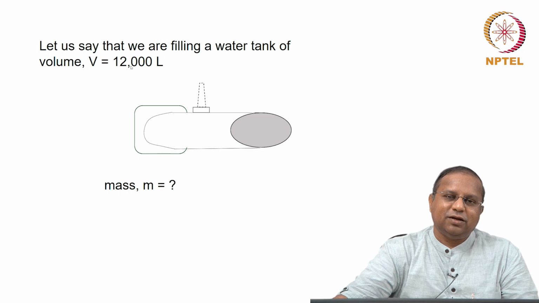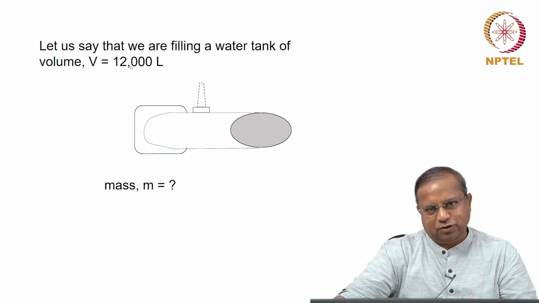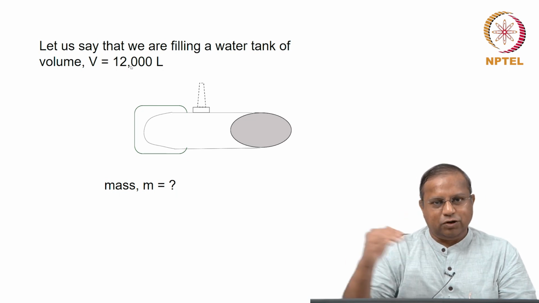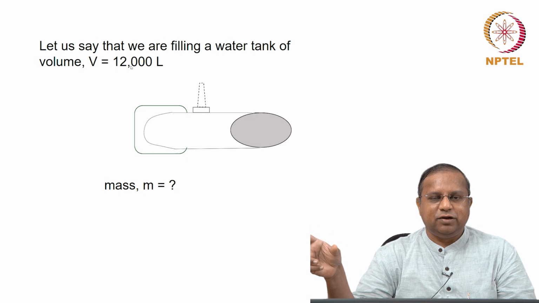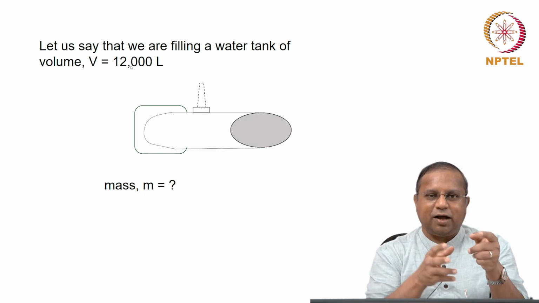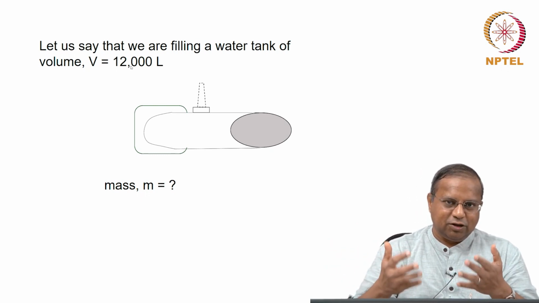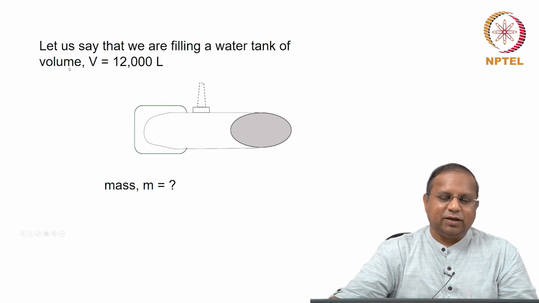Okay. And what is the definition of density? Density is mass per unit volume, or mass by volume equals density. We know the density, we know the volume, we need mass, right? So, mass is nothing but density times volume. Density is 1000 kilogram per meter cubed, and volume is 12,000 liters.